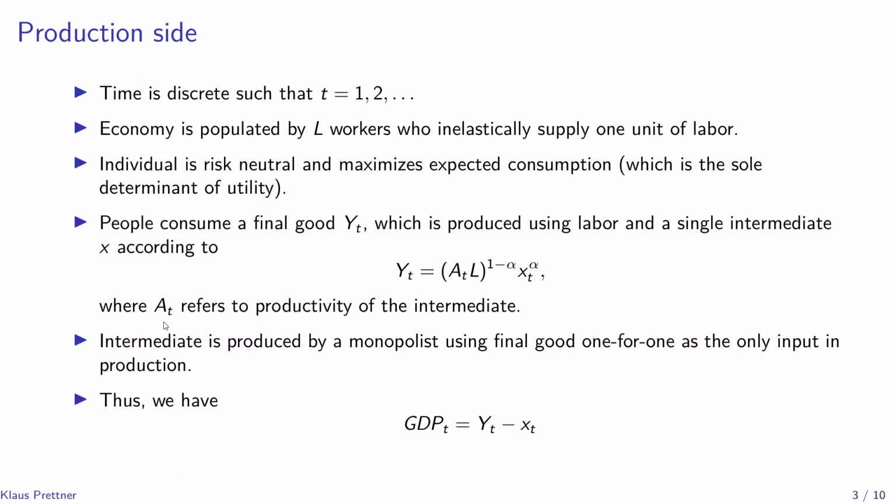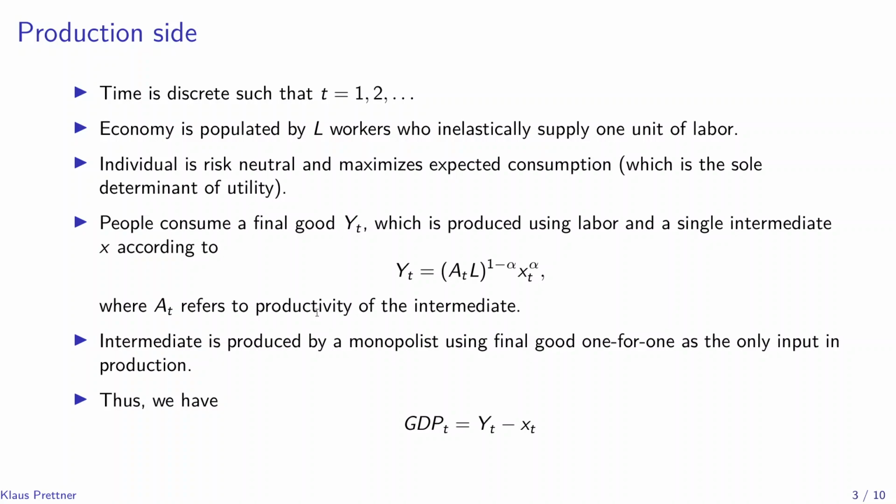And A_t now refers to the productivity of the intermediate. We will see later that this then translates into labor augmenting technological progress, basically, if A_t evolves. The intermediate is produced by a monopolist. I will talk about this on the next slide. And the input in production is the final good in a one-for-one technology.